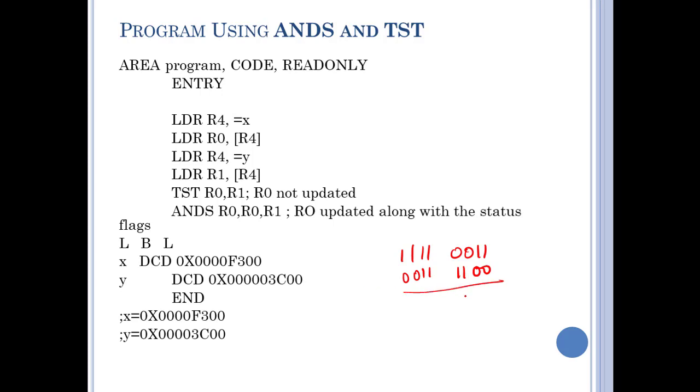If you AND it, this will be 0000 and this will be 0011. So the result for this will be 0000 3000. The result will be 30. So this we will verify by using the Keil program.